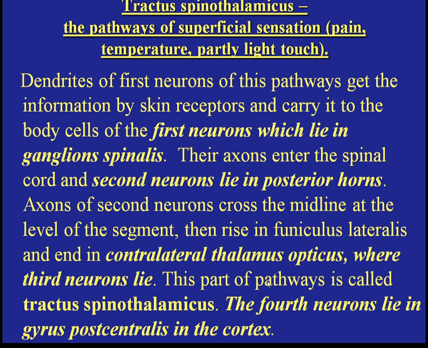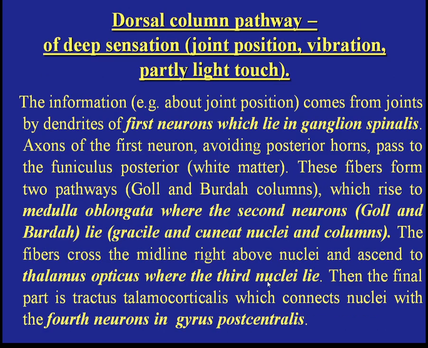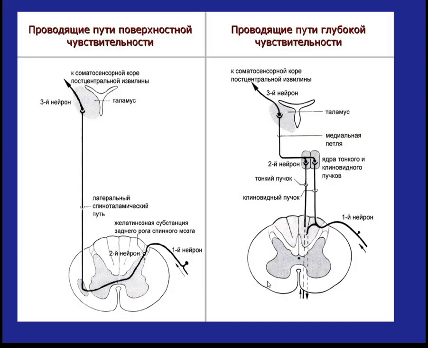Tractus spinothalamicus, the pathways of superficial sensation, pain, temperature, partly like touch, and also dorsal column pathway of deep sensation, joint position, vibration, and also partly light touch. I want to compare these two modalities of pathways on this picture.